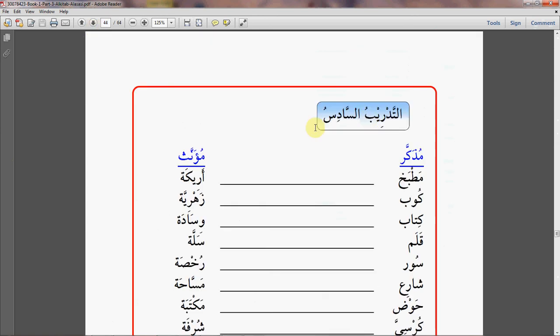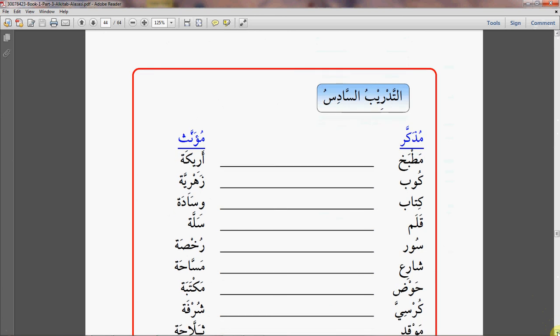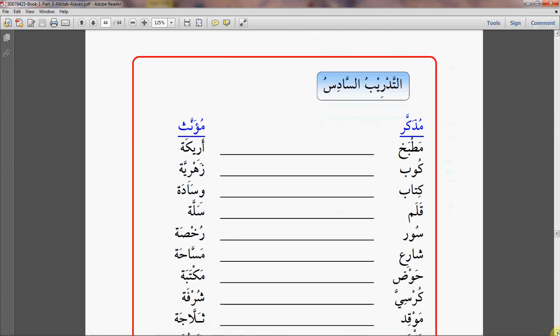Exercise 6. This is مذكر and this is مؤنث. What you're going to do here is read it and try to write it down.